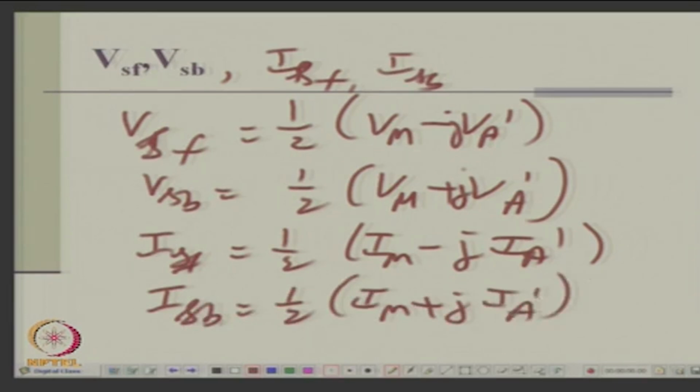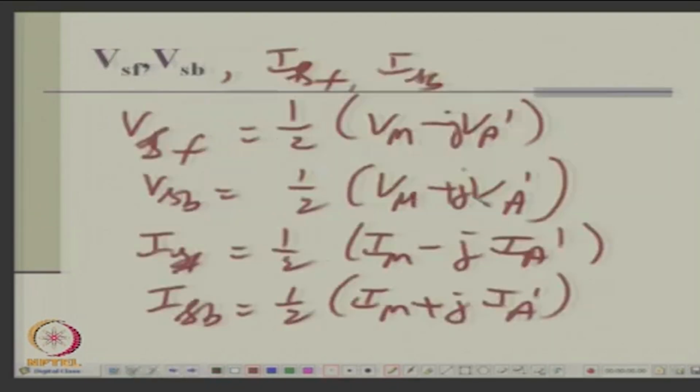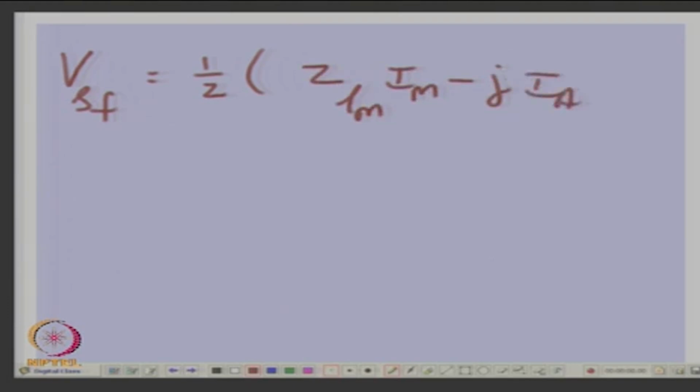So, we make this substitution and then we get the following, that means we get VSF will be half of ZLM Im minus j Ia dash ZLA dash plus twice ZF1 ISF.